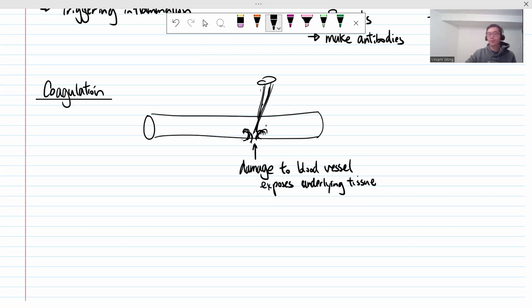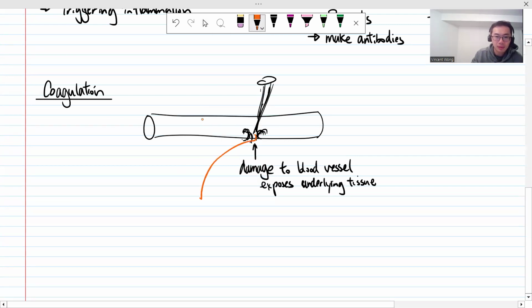So these damaged tissues that are exposed release a chemical, something called thromboplastin.